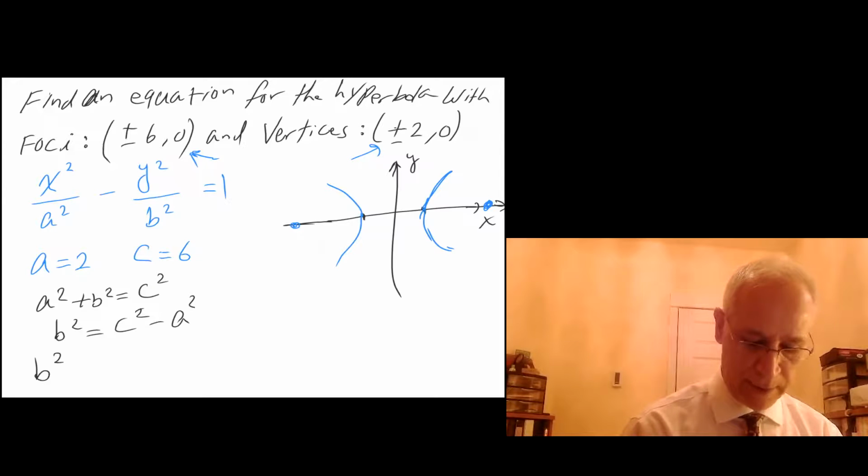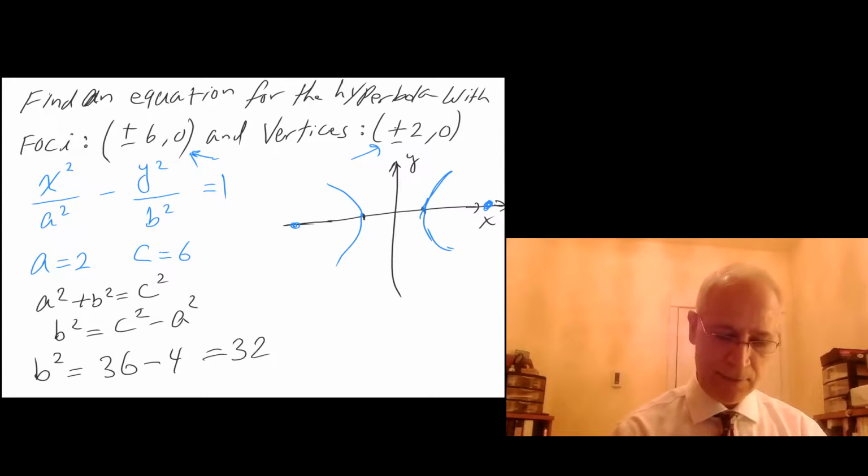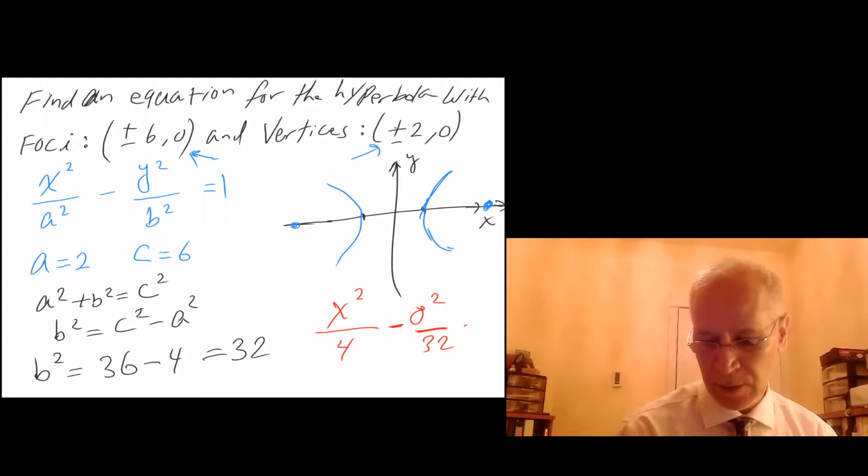So b squared equals, the value of c is 6, so 36 minus the value of a, which is 2, 2 squared is 4, so b squared equals 32. So my final answer is going to be x squared over 4 minus y squared over 32 equals 1.